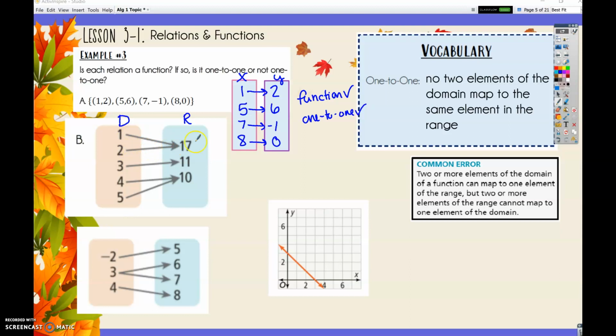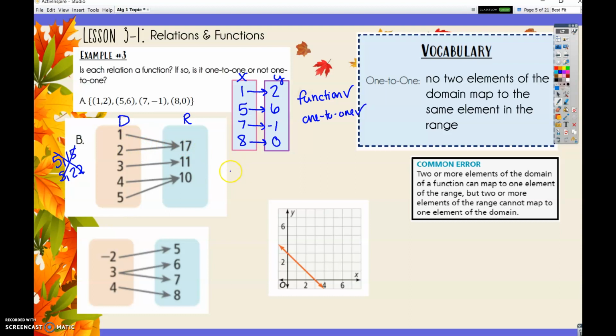It's okay for your outputs to be repeated. It's just never okay for your inputs to map to different Y values. As in the beginning when we said 5 t-shirts was $15 and then 5 t-shirts was $22. That 5 could never have two different cost outcomes. But in this case, 1 can map to 17 and 2 can map to 17.